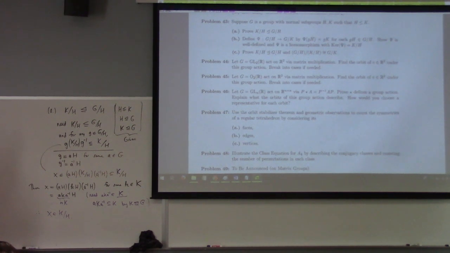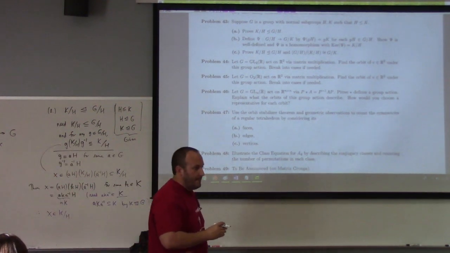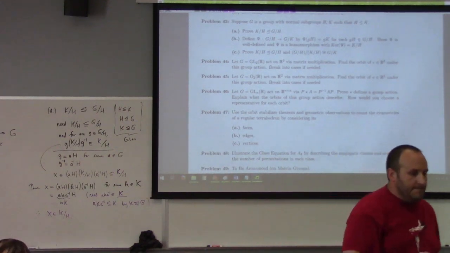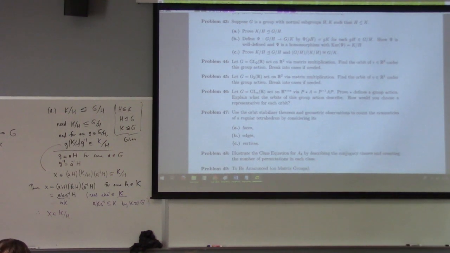I don't know. Isn't there a map? Can you define a map F from K to G? Say f of x equals x. Is that a homomorphism?